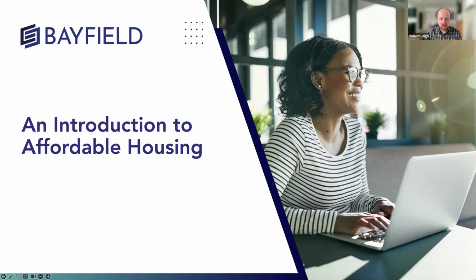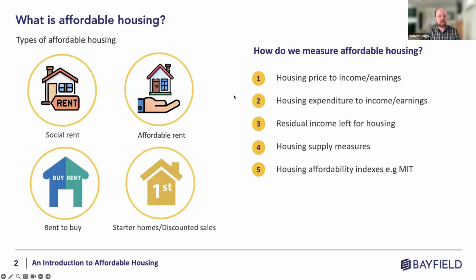So if we have a look at some of the dynamics of affordable housing, these are the 4 key categories that we have on the left, and these are our types of affordable housing. We'll start with the top left, which is our social rent. Often when you see social rent, sometimes we call this rent restructuring now as a more common term.